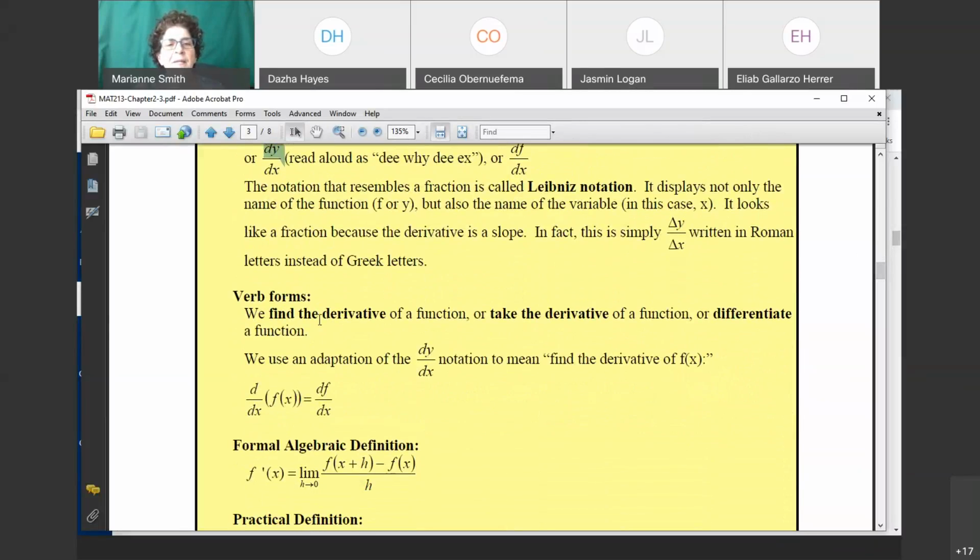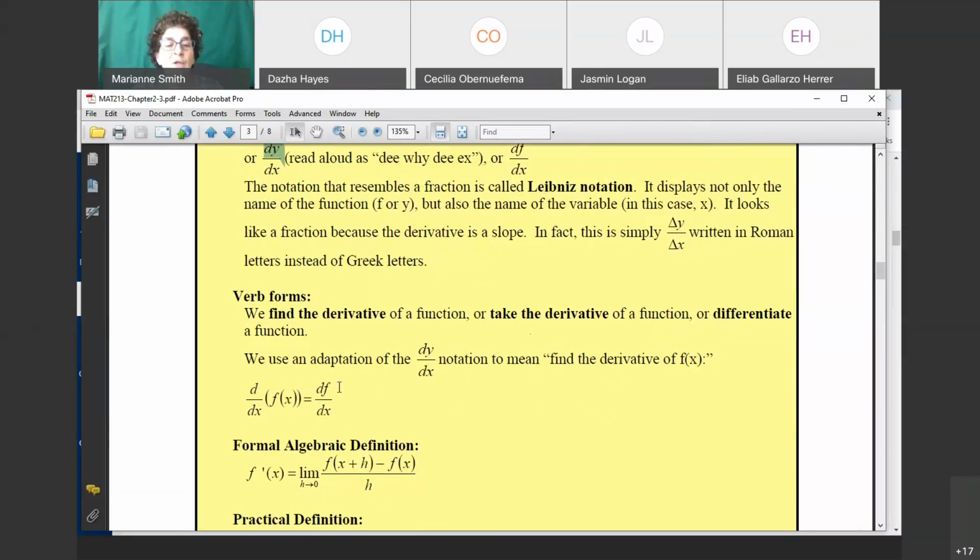Here they even go so far as to tell you verb forms. When you're talking about doing this operation, what's it called? It's called find the derivative of a function, take the derivative of a function, or differentiate a function.